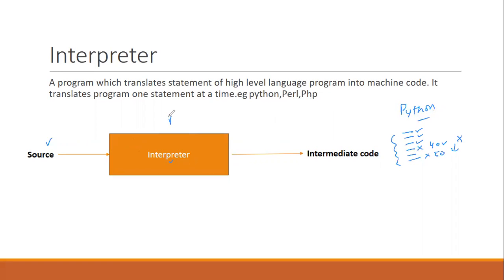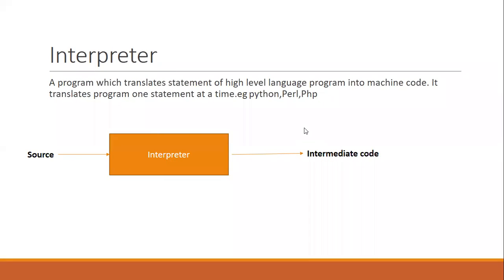So this is at runtime, whereas the compilation happens before execution. And this is during the execution, and it will convert into an intermediate code. So this code is not the entire program's compiled code, but it is the intermediate code which is executed line by line. Okay, so this is the interpreter.